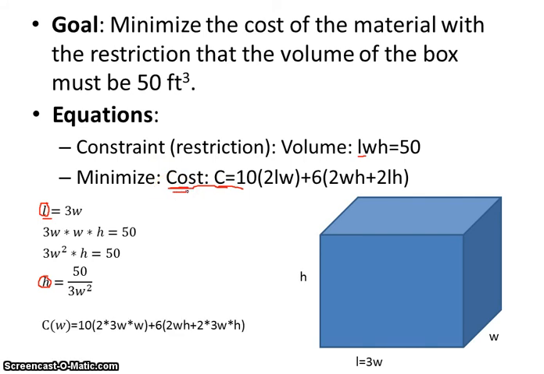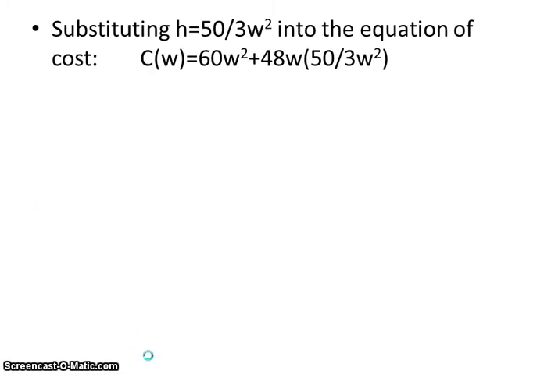So we have that C of W is going to be equal to 10 times 2 times 3W times W plus 6 times 2WH plus 2 times 3W times H. And if we simplify that, we end up with this function right here. Now we need to substitute the value of H in here too. So substituting H into the equation, we end up with this equation.